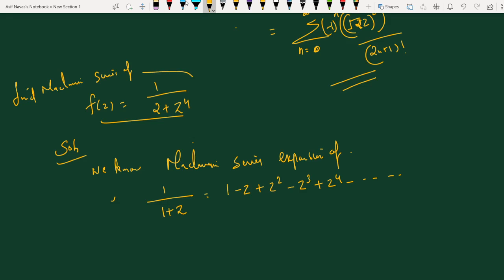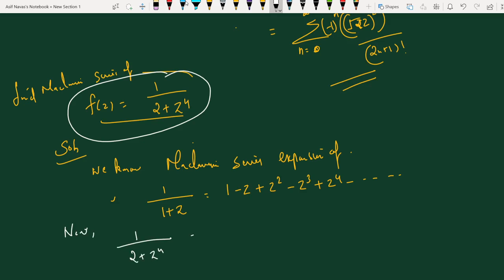Now we have to change this into this format. So you can write 1 by 2 plus z raised to 4 as 1 by 2 into 1 by 1 plus z raised to 4 by 2, and this is valid when mod z is less than 1.